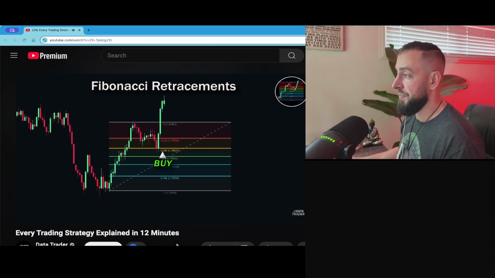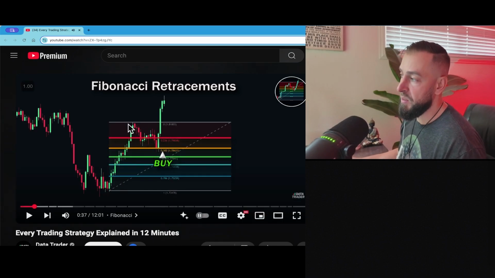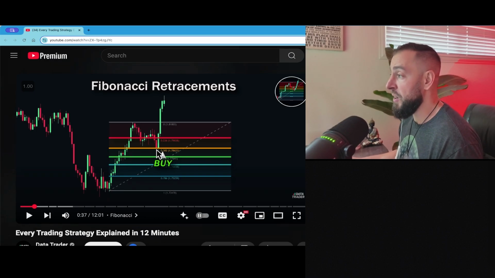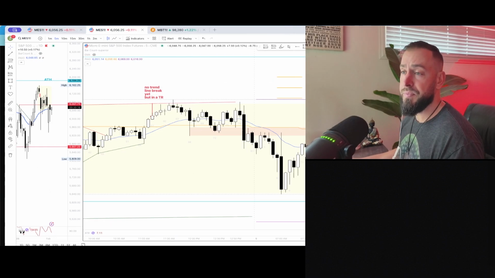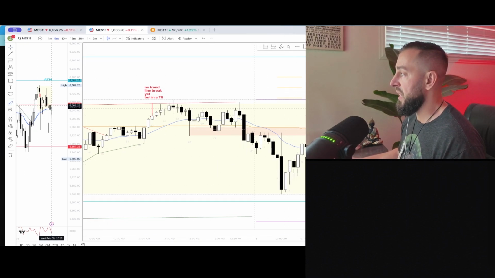Keep in mind that price could also reverse from other Fibonacci levels. That's also about a 50% pullback, right? Probably not exactly, but if you were to measure from here to here, right here is almost a 50% pullback, okay? So you can actually just do that just by measuring 50%. And I'll show you how to do that in TradingView. If you take your chart in TradingView and you just use the measuring tool, and let's say we wanted to measure this guy right here, right?